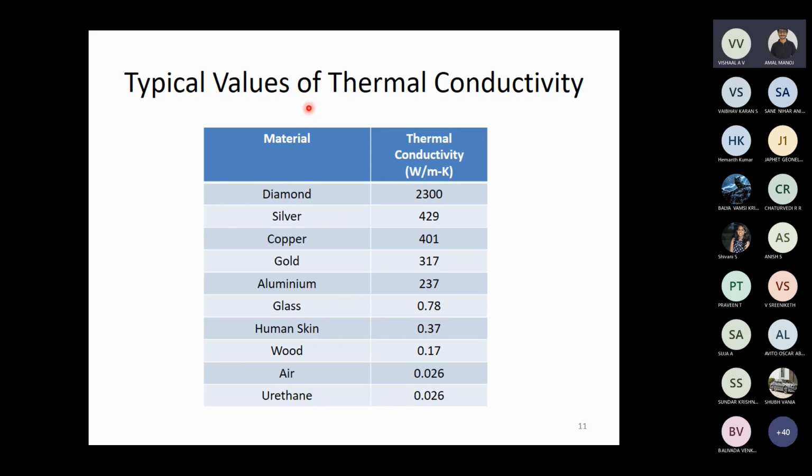In extremely cold and extremely warm countries, the walls of a room will have an air chamber. That prevents heat loss or heat ingress from high temperature to low temperature. Then we also have urethane, which is almost the same as air.